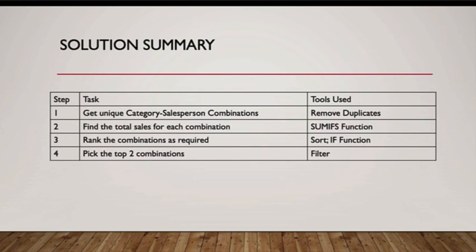Then we ranked the combinations as required, in this case from larger to smaller. For that we used the sort operation and then the if function. Finally, we had to pick the top 2 combinations for each product category. We did that by using the filter.